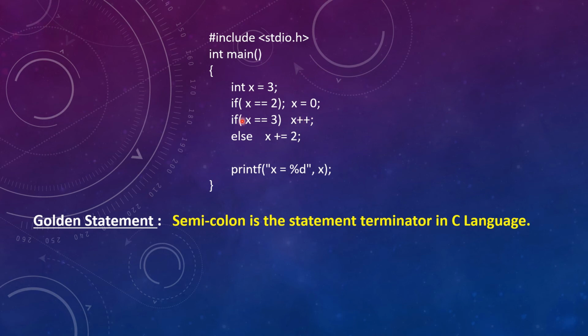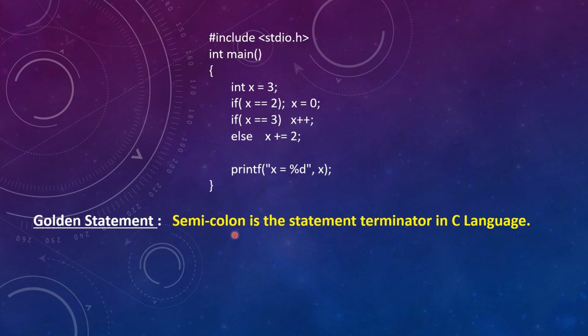The thing which is executed will be the else block, because whenever the if condition becomes false, the else block will be executed. Now the else block will be executed and we update the value of x by 2. So x becomes 0 plus 2, that is 2. Then we print x equals 2 on the output console.